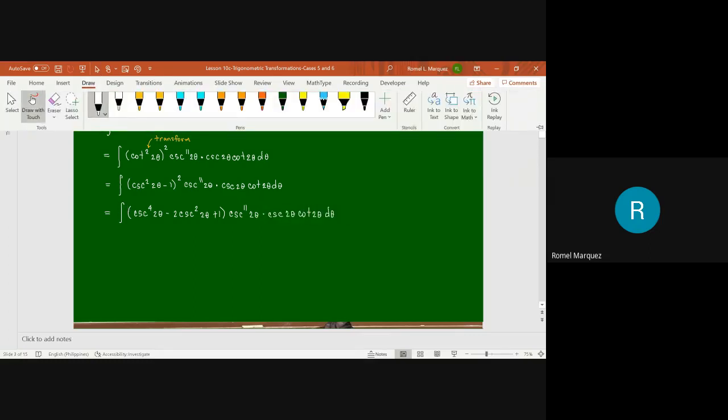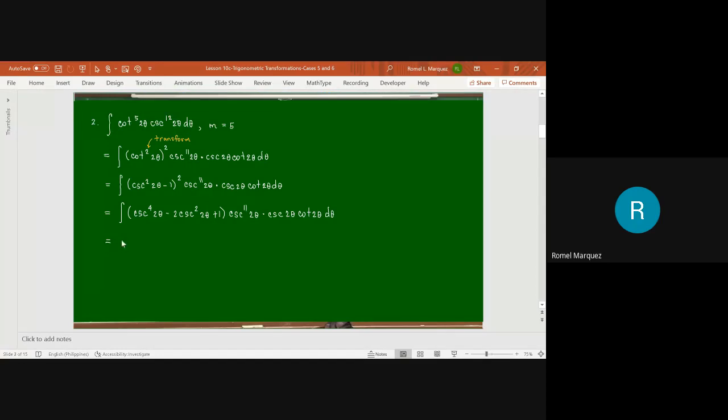So we now have distribution of cosecant to the 11th inside, getting cosecant to the 15th of 2 theta minus 2 times cosecant to the 13th of 2 theta plus cosecant of 2 theta, and this is raised to what?